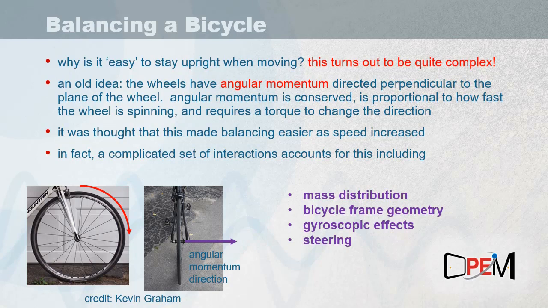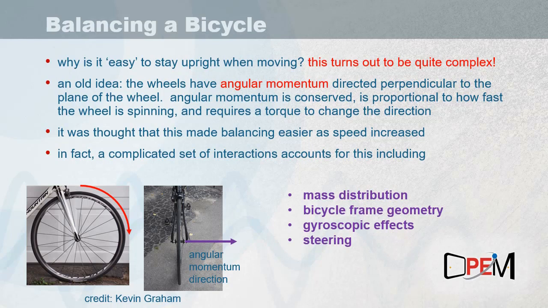That's sort of a convenient idea that fits roughly with physics we know about, but as it turns out, that's not really the answer, and it can be shown that that is only a small factor in the overall stability of bicycles.